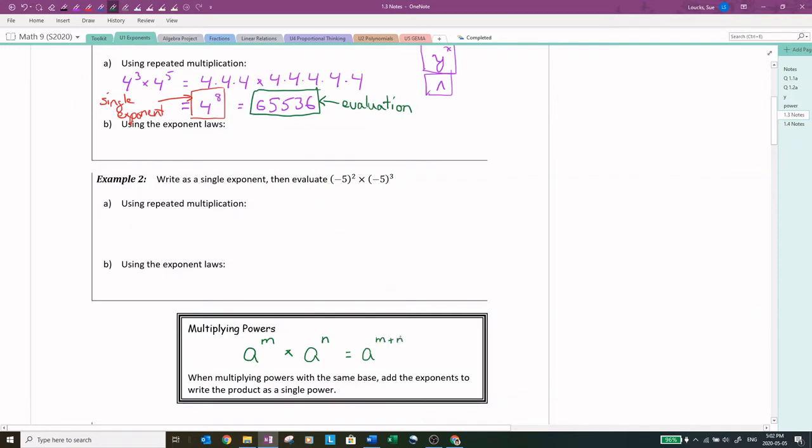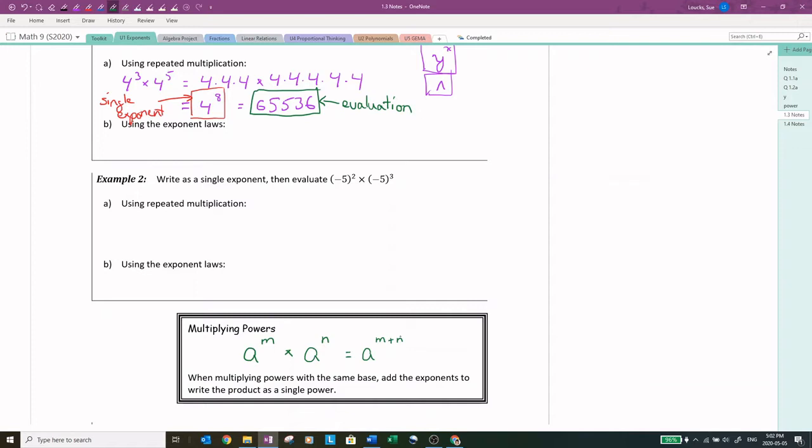Okay, so in words, when we're multiplying powers with the same base, which in this case is a, and that represents any real number, we add the exponents to write the product as a single power. So m plus n is our exponent now.